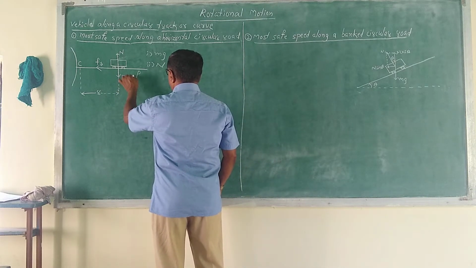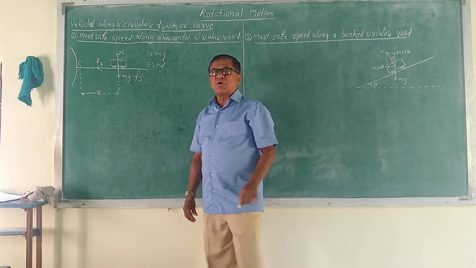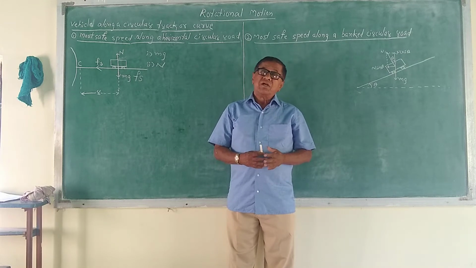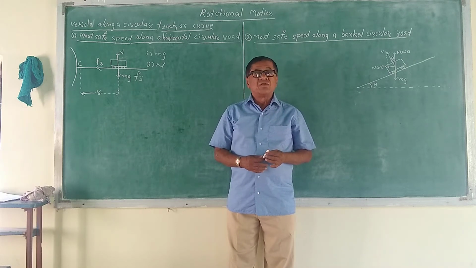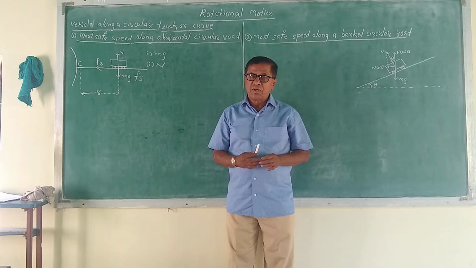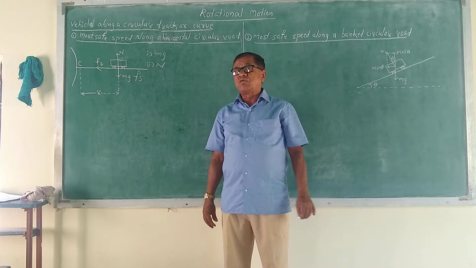This is the force of static friction, Fs. Now this force of static friction supplies the necessary centripetal force. The formula of the centripetal force is mr omega square or mv square upon r.